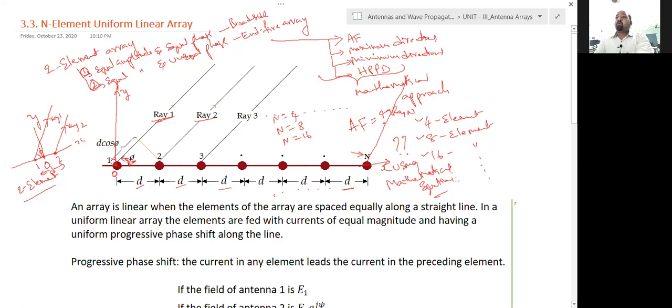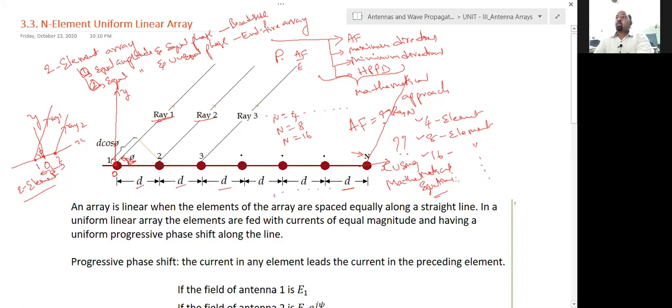If you compare ray 1 and ray 2, let us say this is our point of interest, point P. At point P, I'm going to determine the array factor. Array factor in the sense electric field. At point P, my interest is to determine the electric field.